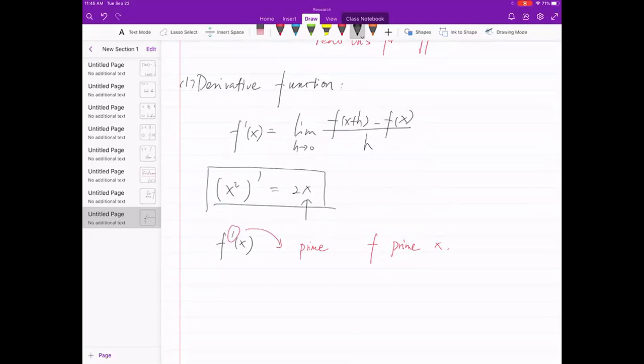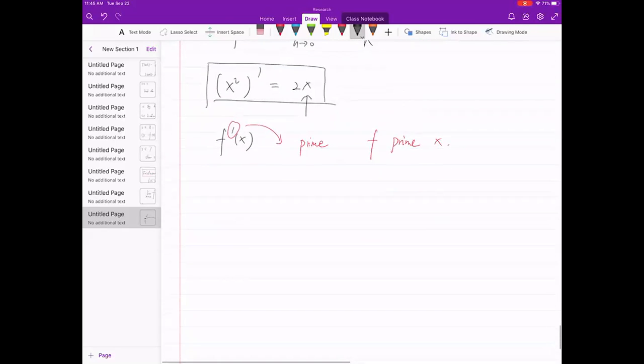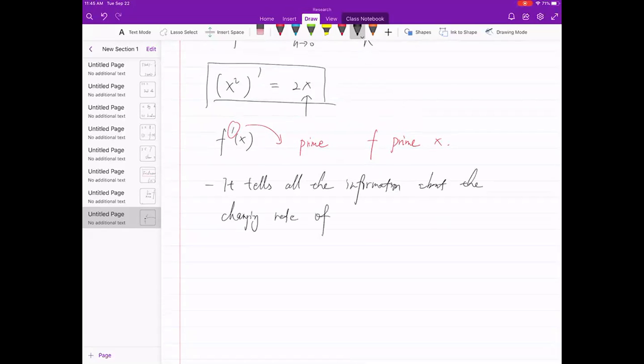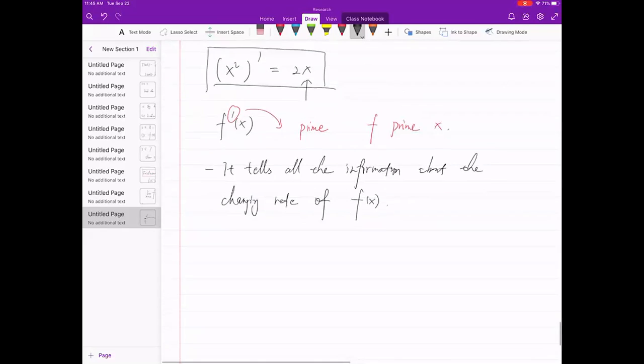Derivative function. It tells all the information about the changing rate of f. Everywhere, not just at one point.